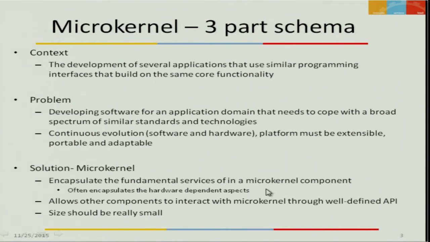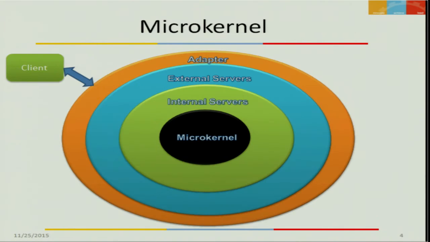On top of the external servers there are adapters, and the client is completely shielded from the microkernel. The client interacts with the adapter, which interacts with the external servers, and the external server then interacts with either an internal server or the microkernel directly. With this set of concentric circles, we have introduced the important components of the microkernel.